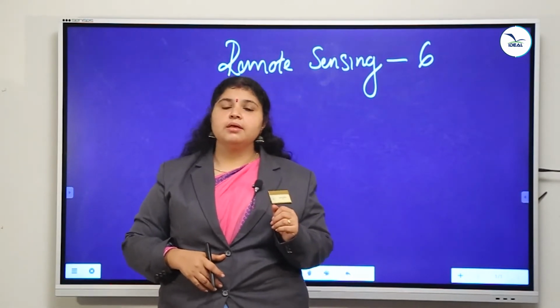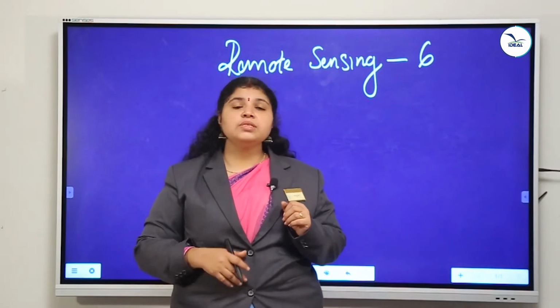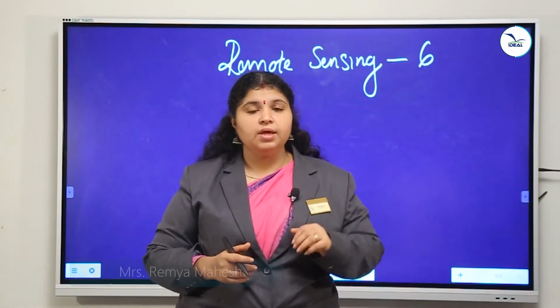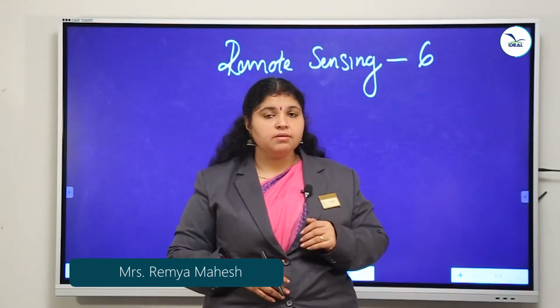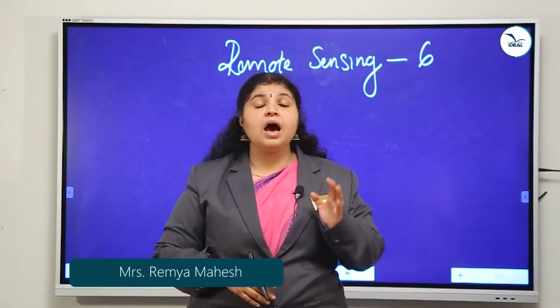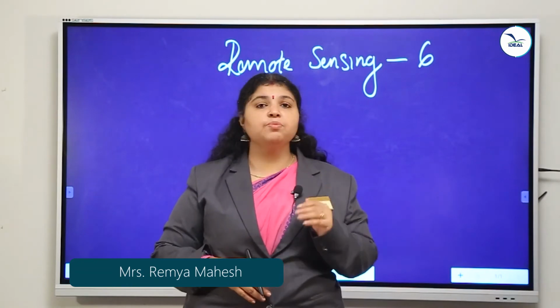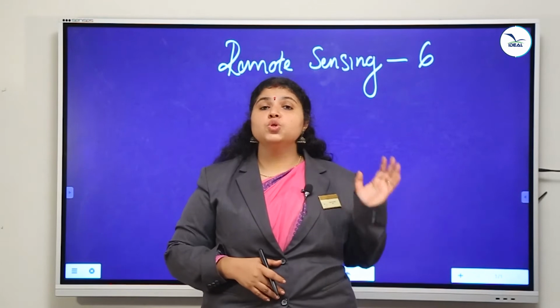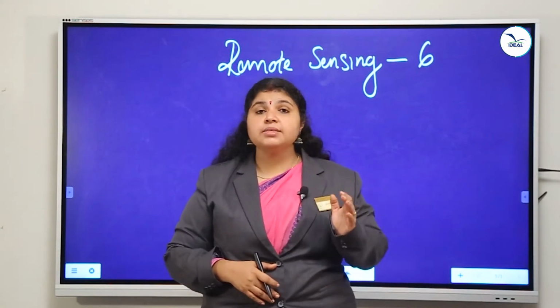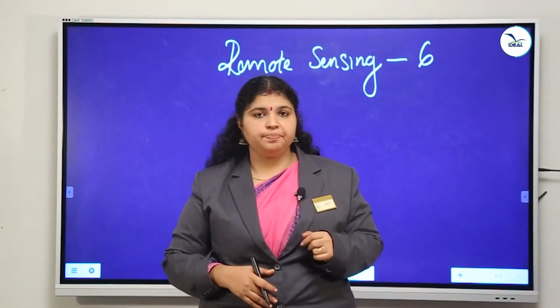My dears, based on light, remote sensing is divided into two: active and passive. Remote sensing with artificial light is active remote sensing, and remote sensing using solar energy is passive remote sensing.